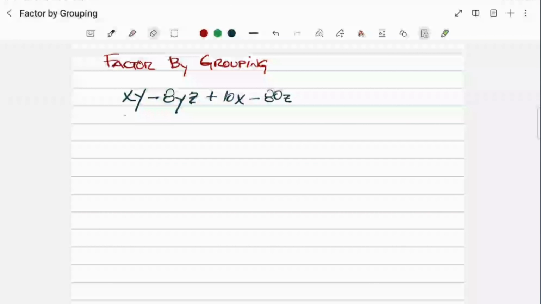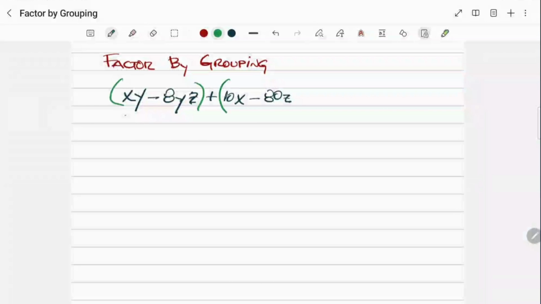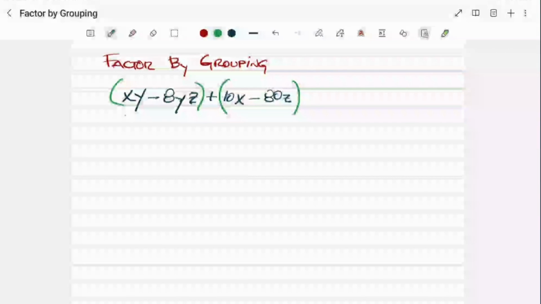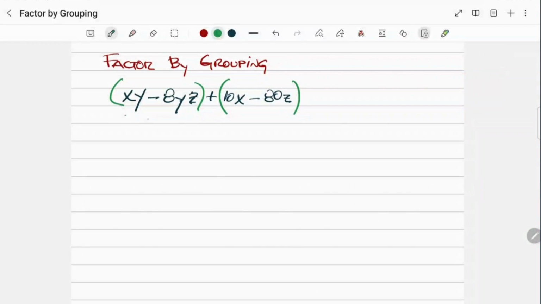I group them in parentheses right here, my first two terms and my second two terms. And then try to factor out the GCF of each parenthesis. For example, in the first parenthesis, we have the common factor y. And then y is my common factor of x minus ac.